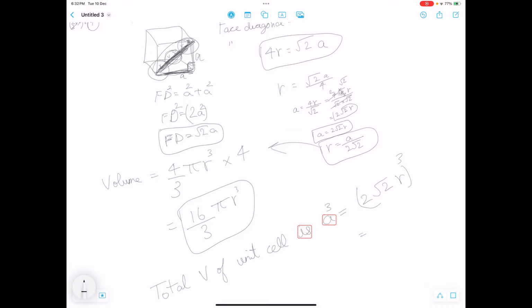So this will be 2 cube, 8, into 2 root 2 r cube. So 16 root 2 r cube. So this is the total volume of the unit cell.